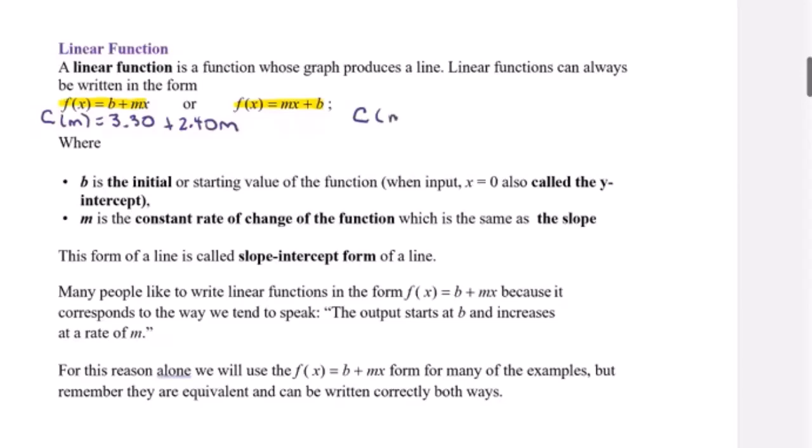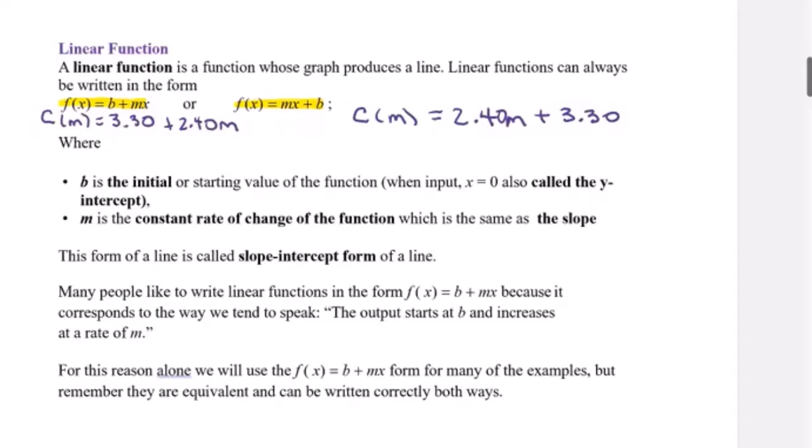C of M is equal to 2.4 times M plus 3.30. Okay, actually, let me put a 0 here. Not necessary, but just because we're talking about money, it helps.